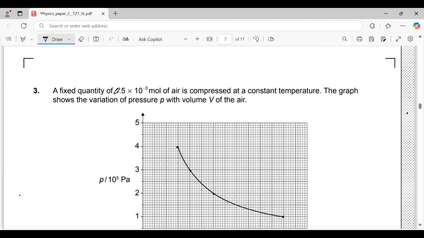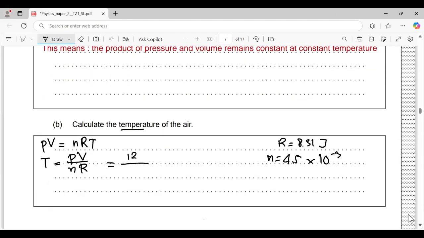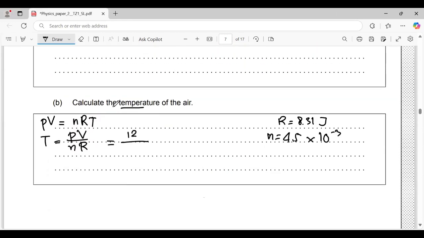This is n. So it is 4.5 times 10 power minus 3 times 8.31. And the result is 320.7, rounded to 321 Kelvin. The unit is Kelvin.